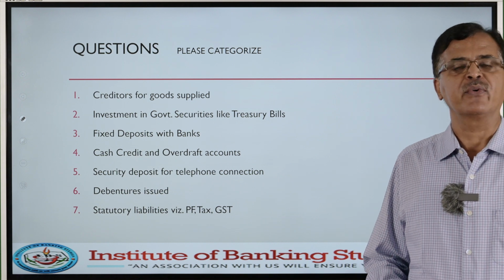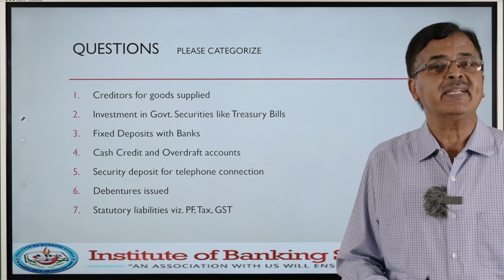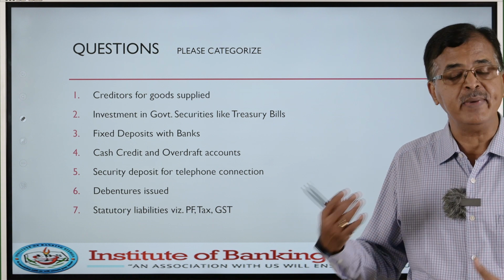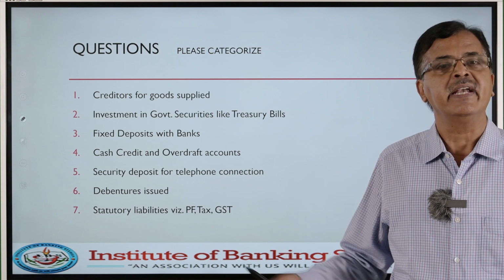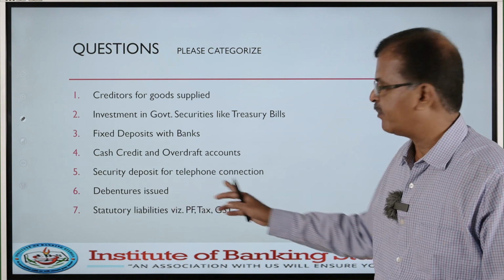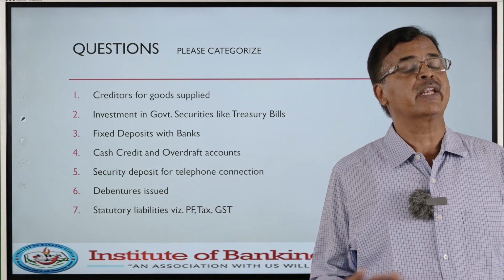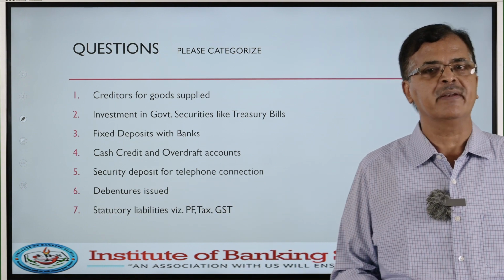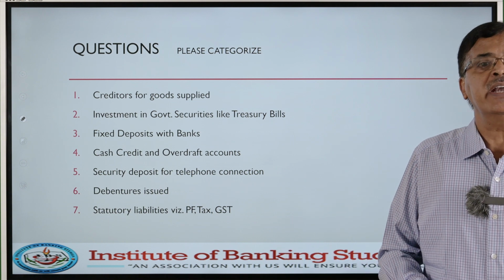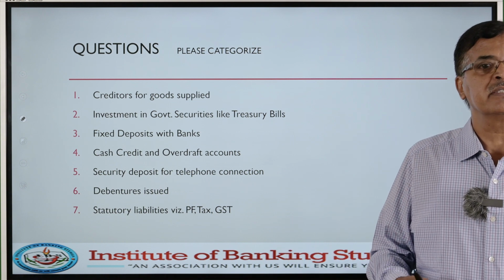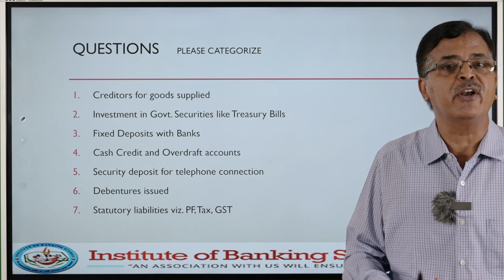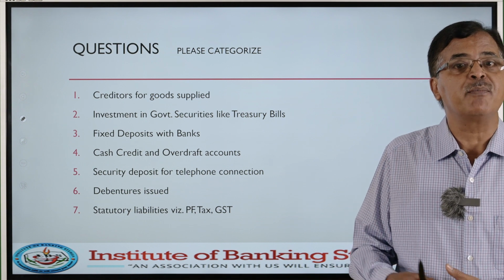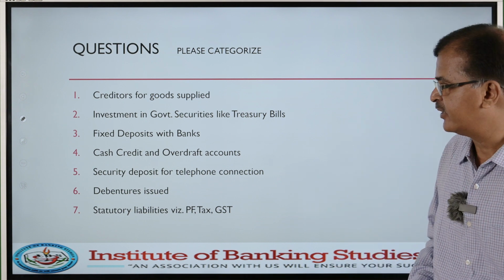Thereafter, it has to be renewed. So since it is for a maximum period of 12 months and to meet the working capital requirement, it is current liability. Security deposit with the telephone department for a telephone connection. That is a non-current asset because it is for a longer period of time. You have to keep this deposit with the telephone authorities.